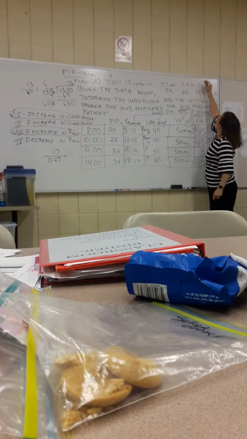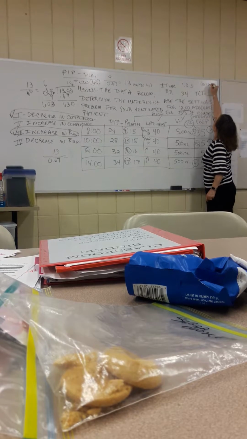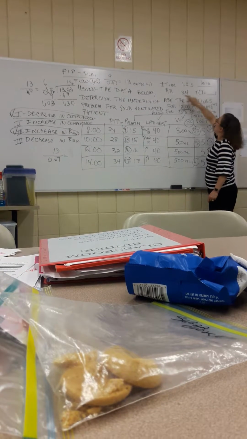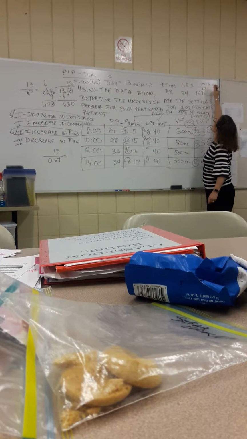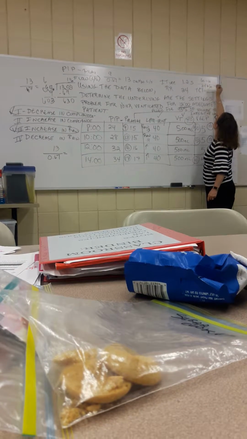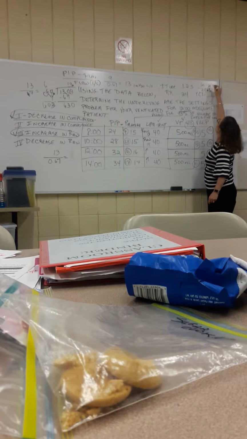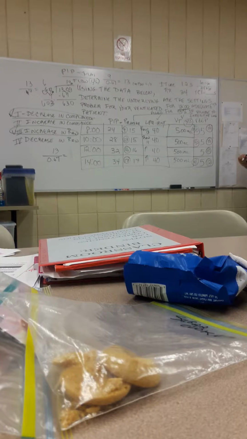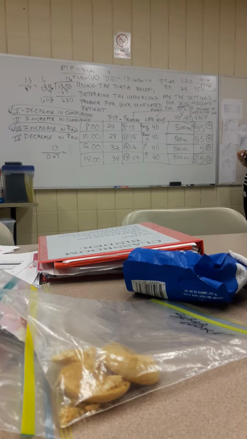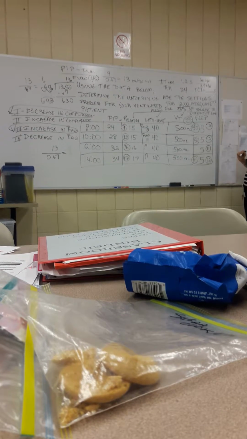So if I have 60 seconds in a minute, and I am doing 24 breaths per minute, how many seconds do I have for that breath? 60 divided by 24.